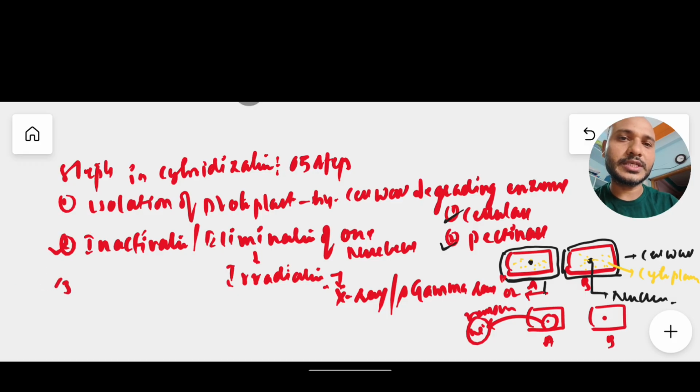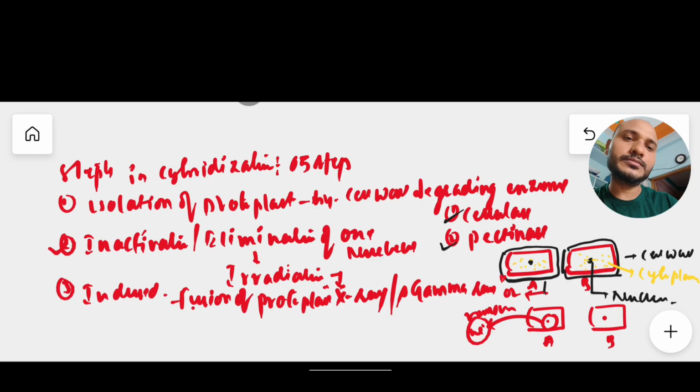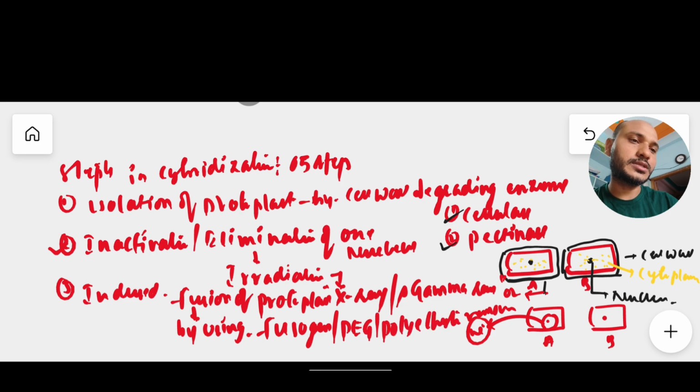Now we enter the third step, that is fusion of protoplast. That means we induce fusion of protoplasts by using a chemical called fusogen, or PEG. Here PEG means polyethylene glycol. After removal of the nucleus, we fuse these together and there is a formation of a new hybrid, that is a cybrid.